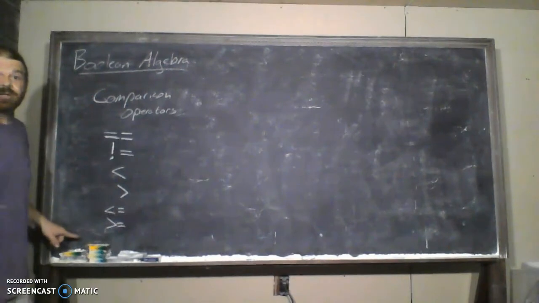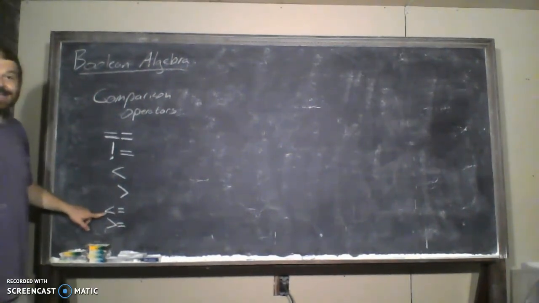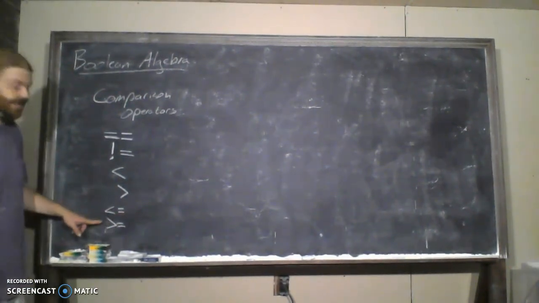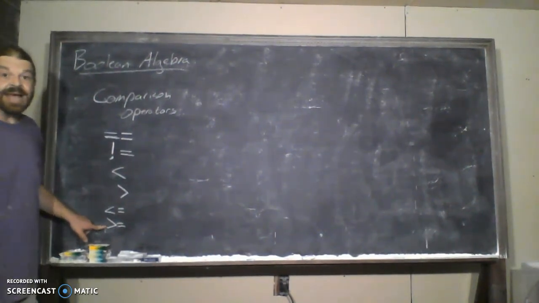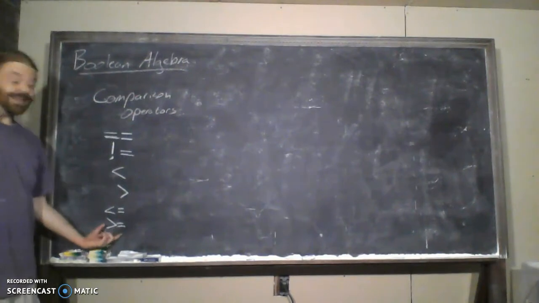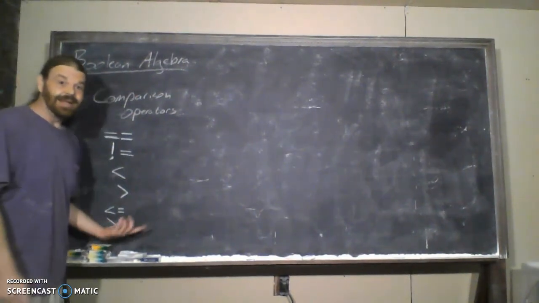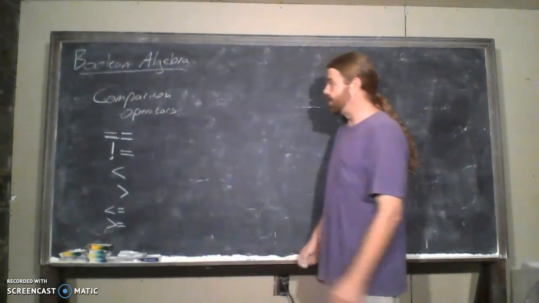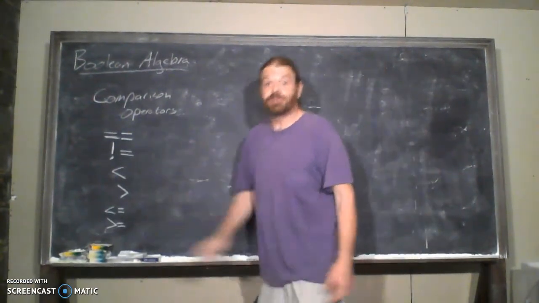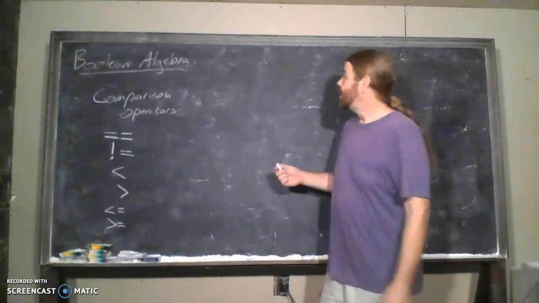So we just write two symbols, because we have both symbols on the keyboard. And the typical way to say that would be at least. So in math class, we say greater or equal, and in normal English, we would say at least some number. So that is where we get our truth values.